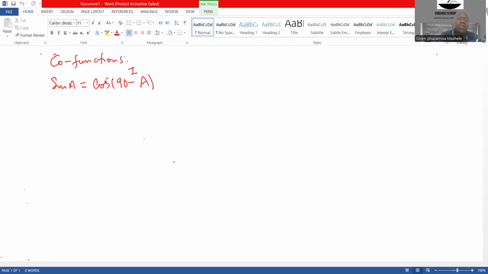But because of 90, the cos will change and become sine. So from now on, we can change sine to cos by using cofunction, or we can also change cos into sine by using cofunction. Particularly 90 minus.